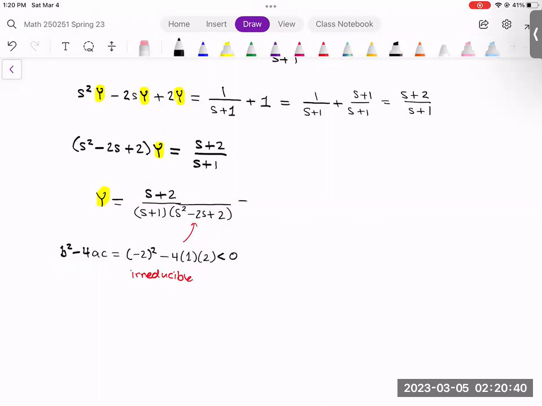And so that means for the partial fraction decomposition that we will have just 2 terms, A over s plus 1, and then Bs plus C over this irreducible quadratic.